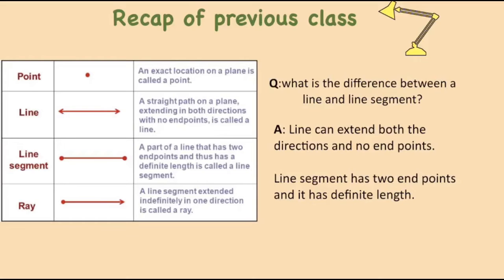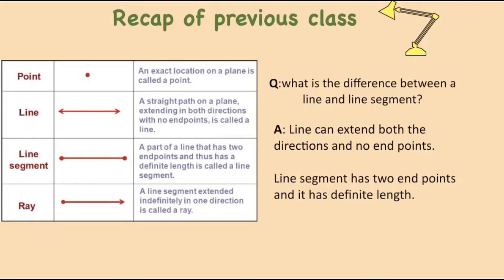In the previous class, you have learnt about point, line, line segment, ray and plane, and collinear and non-collinear points. Now, we will see a point is an exact location on a plane, and a line extending in both directions with no end points is called a line.